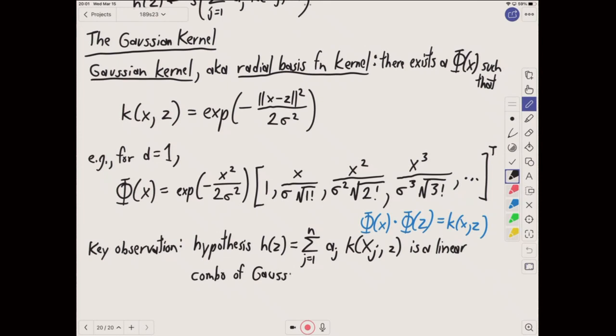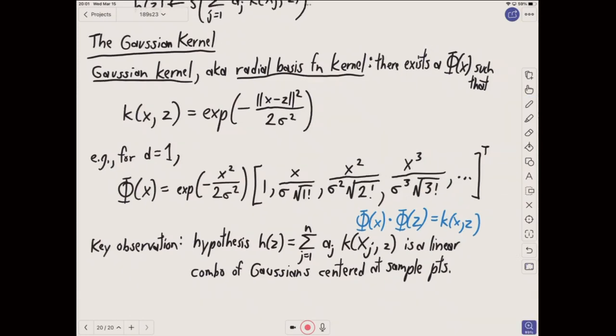And those Gaussian functions, there's one centered at each sample point. And the coefficients of that linear combination are the dual weights. So the Gaussians are a basis for this hypothesis. We're taking a linear combination of those basis Gaussians, and that gives us this.